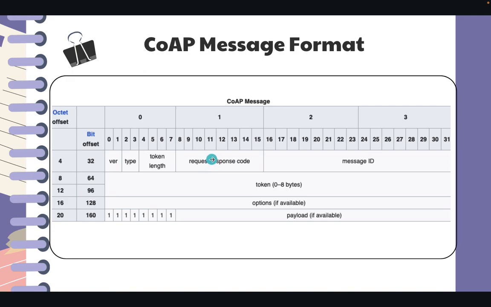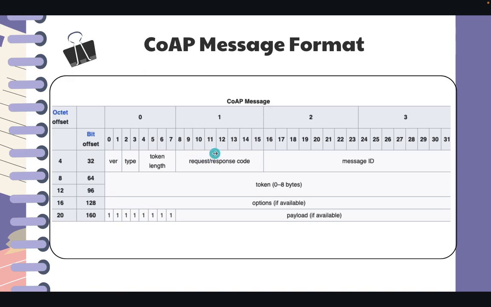If it is a method, then it is represented by 0.xx: 0 for empty, 1 for GET, 2 for POST, 3 for PUT, like that. If it is a success message, it is represented by 2.xx: 1 for created, 2 for deleted, 3 for valid, 4 for changed.